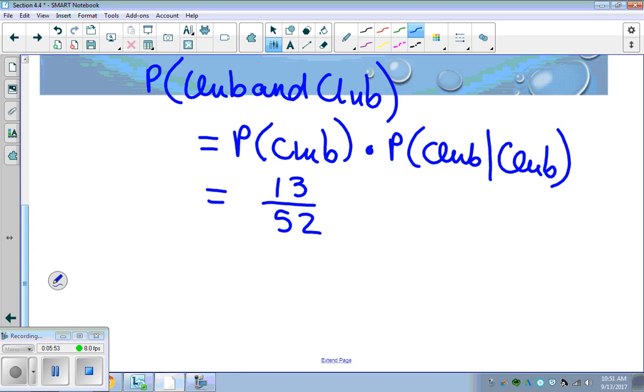Then I need to multiply because it's an AND situation. And I'm going to multiply by, hey, now that A has occurred, I got a club, what's the probability of drawing the second club? 12 out of 51, because I only have 12 clubs left, and I only have 51 cards left.